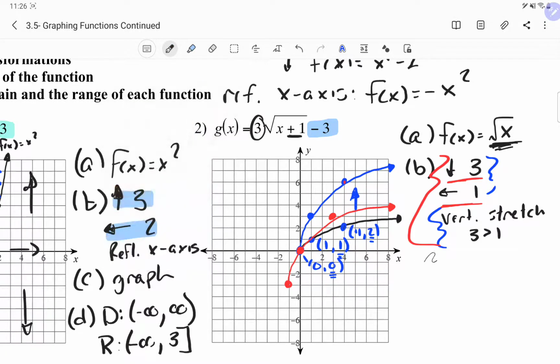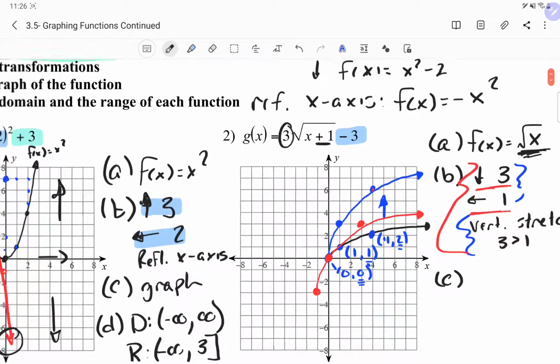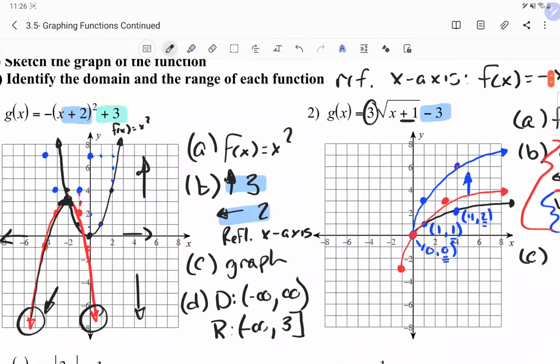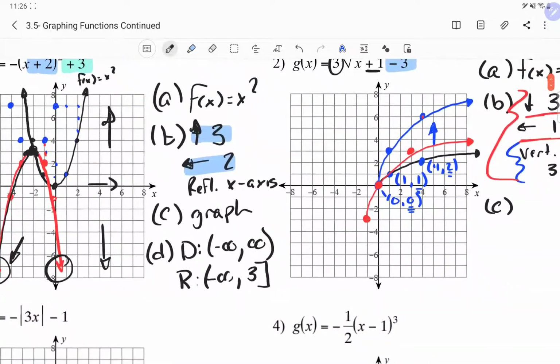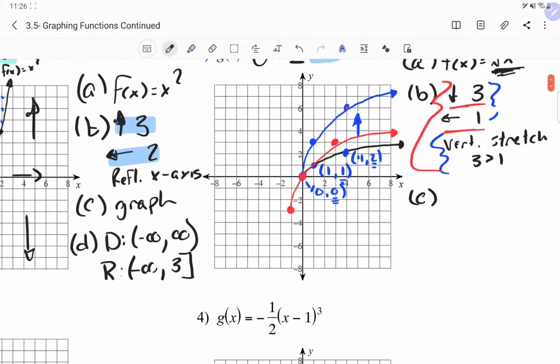Now, let's take a look at part D. Part D is asking us to identify the domain and range. So the domain, remember, is the furthest to the left and then the furthest to the right.